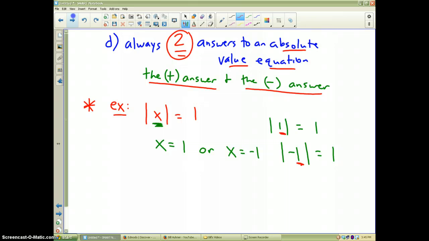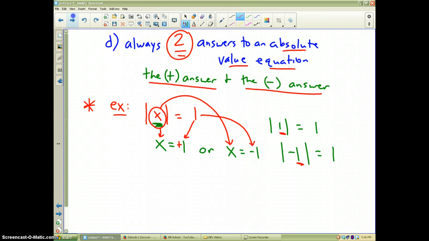Therefore, what I did is I took what is on the inside and wrote it equal to the positive answer, and I took what is on the inside and wrote it down, and then I took the negative answer.